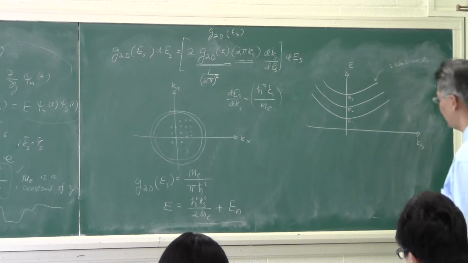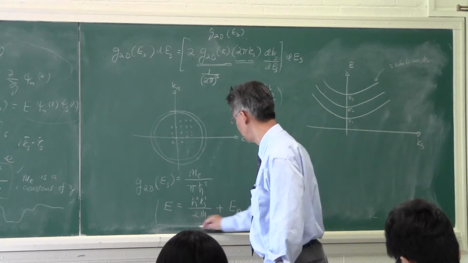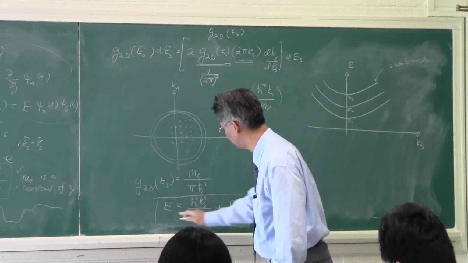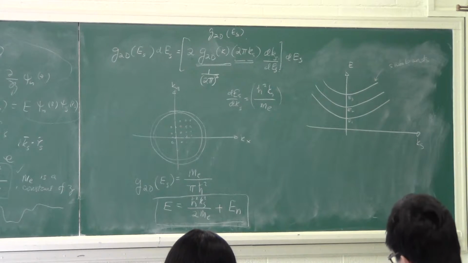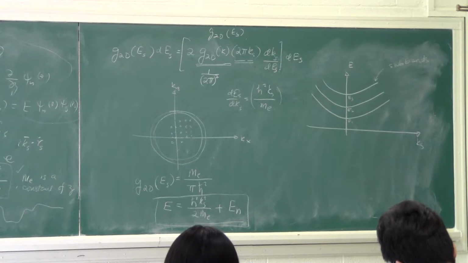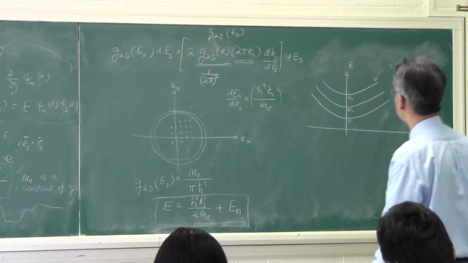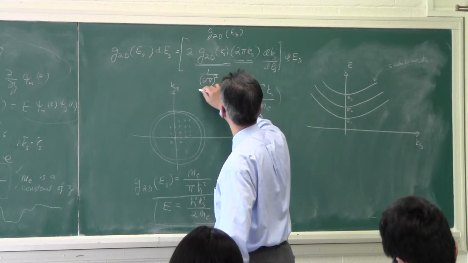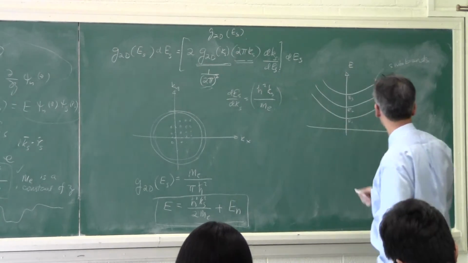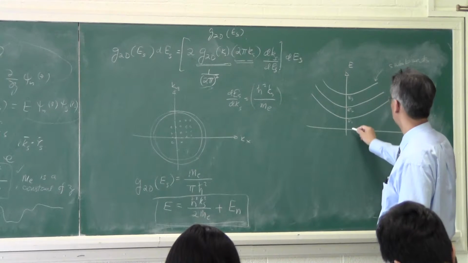So for different E sub n, I have a different E-Ks relationship, and those relationships will look something like this. I know the density of states in the Ks space is a constant.